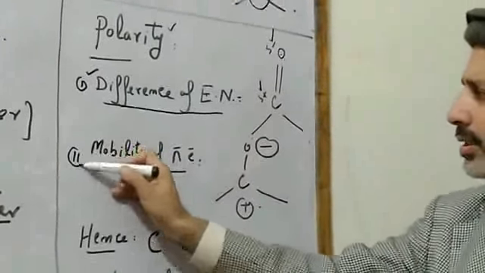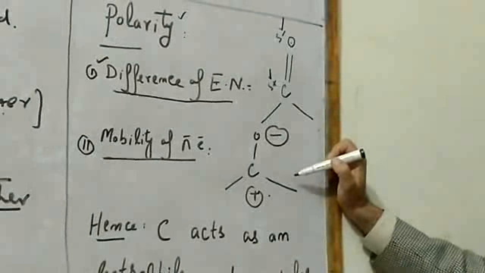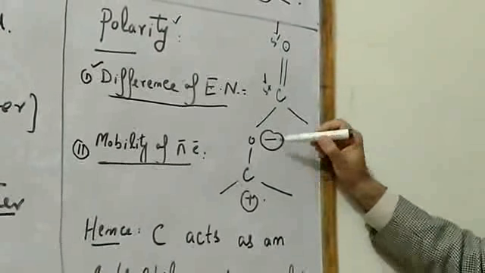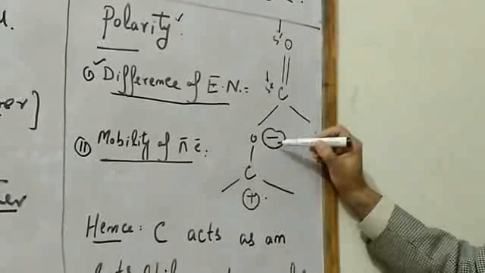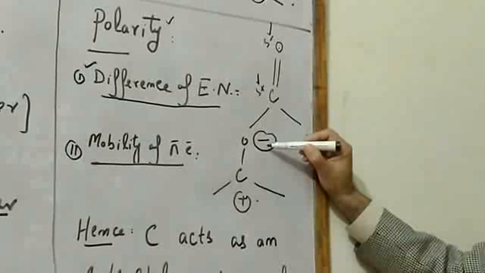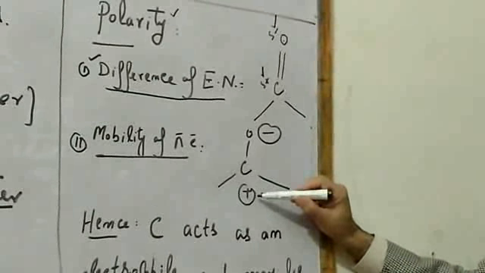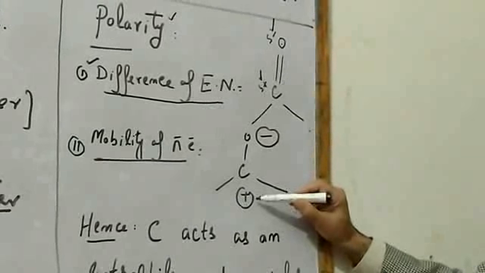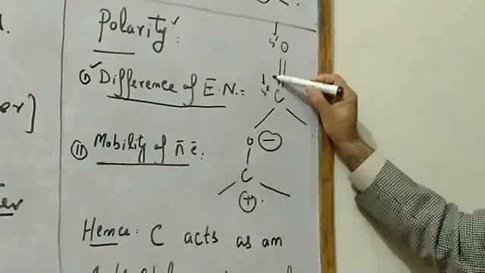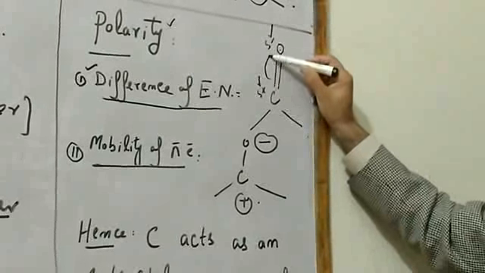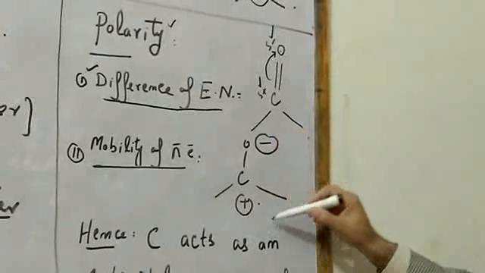The second cause of polarity is permanent polarity. How is this permanent polarity caused? In this structure, we have a complete negative charge on the oxygen atom and a complete positive charge on the carbon atom. Why did this happen? This happened because the pi electron is shifted completely toward oxygen and you get this structure.